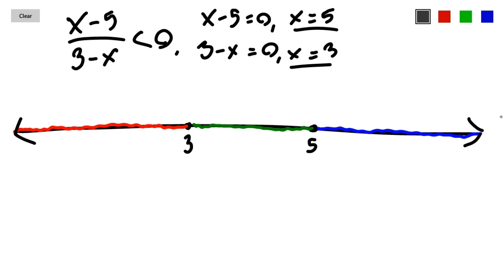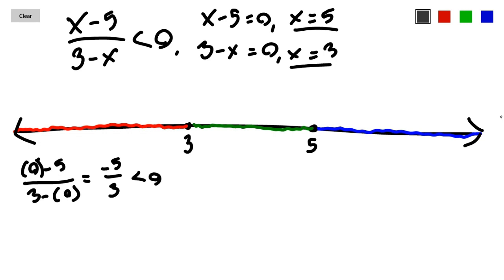If I plug in 0 for x, I have 0 minus 5 divided by 3 minus 0. It's going to give me negative 5 over 3, which is less than 0, which means that this interval checks out. So we have negative values over here, which is what we're looking for, meaning that this interval is valid. Now I'm going to pick a value in between 3 and 5 to test.